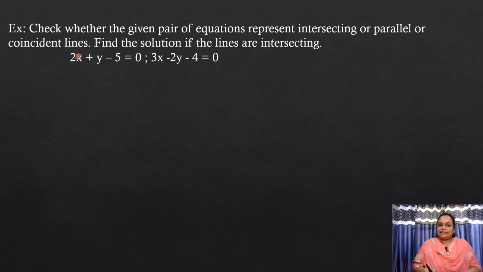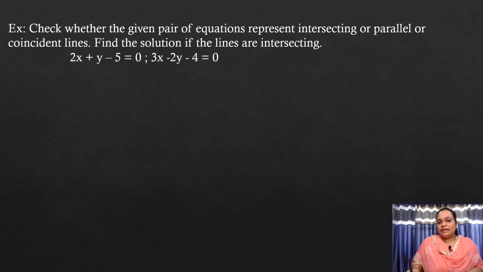Now we will see an example problem. Check whether the given pair of equations represent intersecting lines, parallel lines, or coincident lines. Find the solution if the lines are intersecting. Okay, so they have given us the pair of linear equations. We need to find whether it is an intersecting, parallel, or coincident lines. Okay.